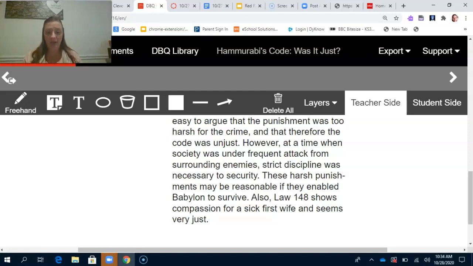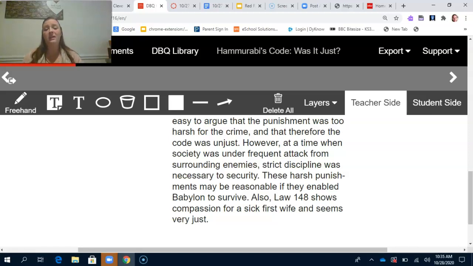The strict discipline and the harsh punishment would make it so that people were able to work together and to trust each other, and to make sure that these things didn't happen from within, since they were always battling from the outside. So they needed to take care of the inside first.